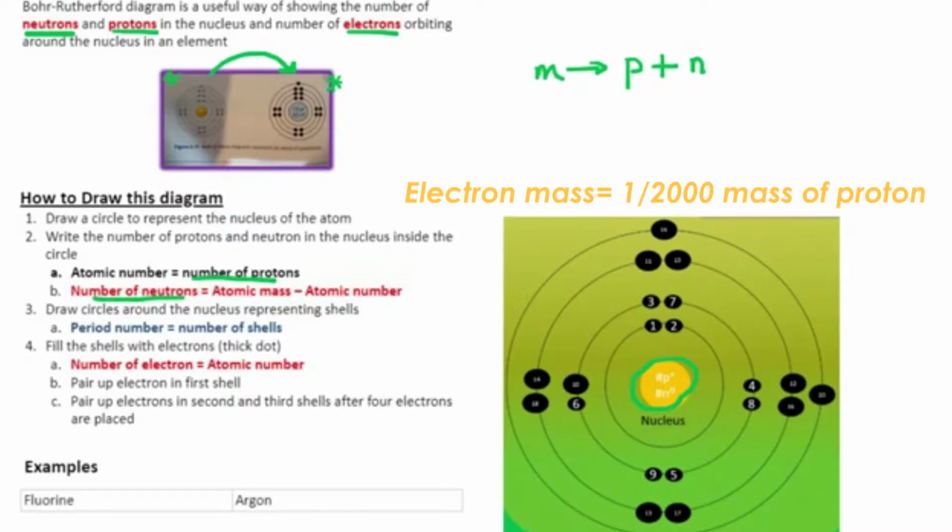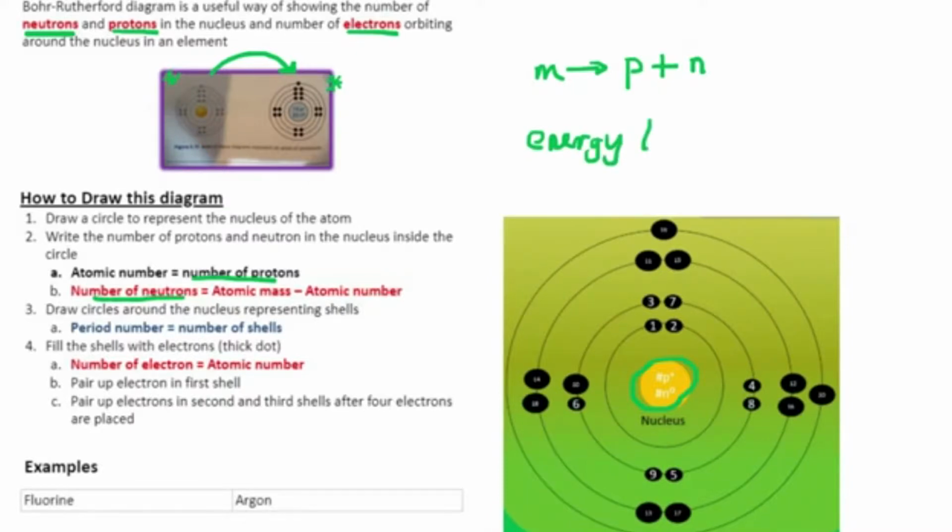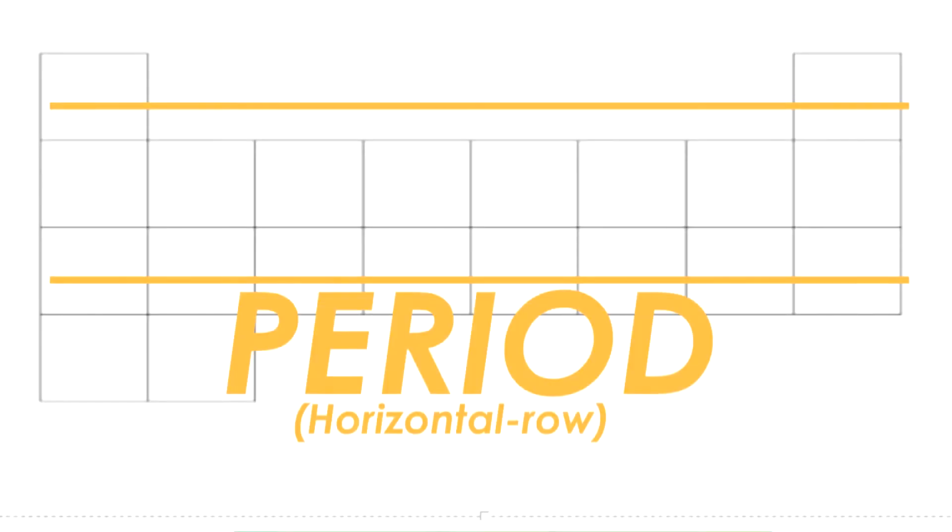They're just highly diffused. So next is to draw a circle around the nucleus that represents the shells. The shells are the same as the energy levels, and these energy levels can be extracted from the period where our element is positioned.